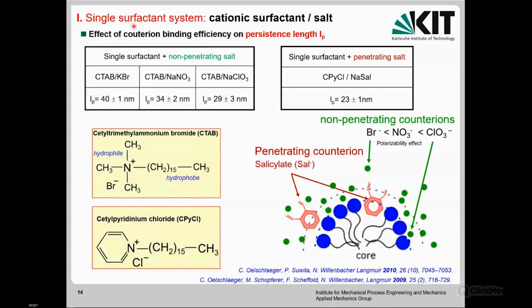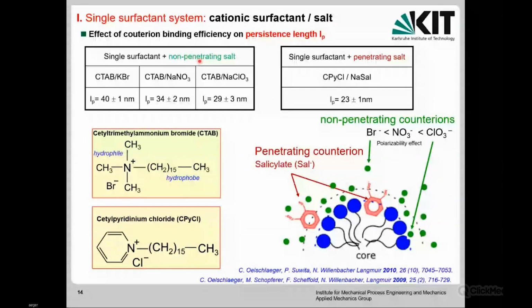We used this technique to investigate a so-called single surfactant system. This was a cationic surfactant mixed with different types of salt. We have used 2 types of salt, non-penetrating salt versus penetrating salt. The non-penetrating salts bind the worm-like micelles only through polarizability effect. They are not penetrating into the micelles.